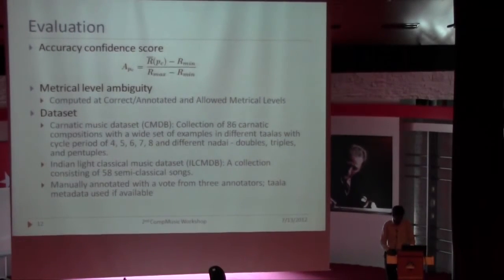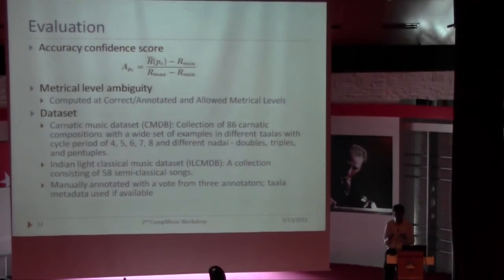And since we have metrical level ambiguity, which is present in any rhythm description algorithm, the accuracy is computed at what's called the annotated metrical level and the allowed metrical level. To explain this, the annotated metrical level is what a musician would say, this is actually Tishra Nade Aditala. Whereas the allowed metrical level could also be a Tishra double speed and an Aditala counted as 4, or an Aditala counted as 16.